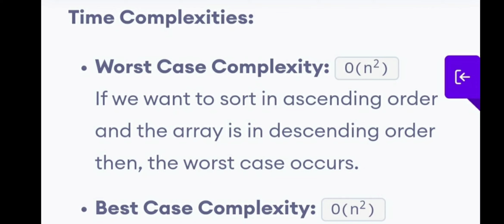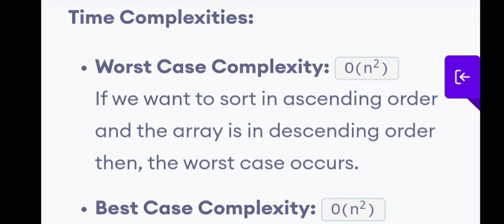How can we say worst case? Suppose the list is in ascending order, and our aim is to arrange the elements in descending order. So there is a need of completely reversing. Such a situation is called worst case.